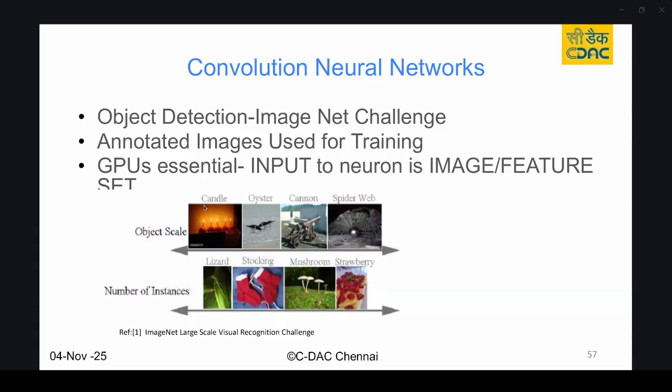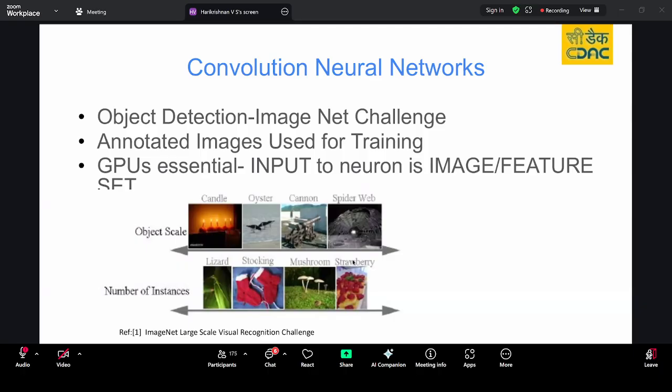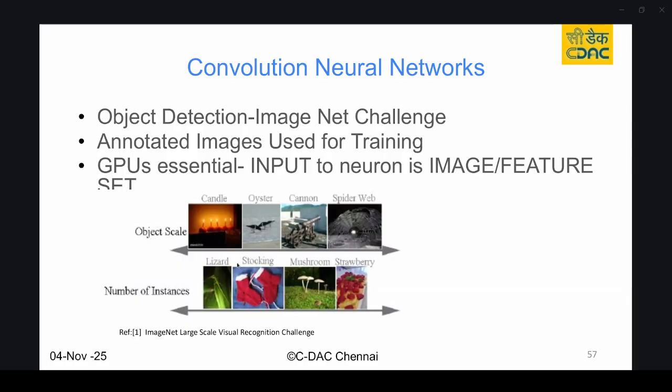All those images were present along with labels. Thousands of such objects like candle, oyster, lizard, stocking, mushroom, strawberry, etc. were labeled in the images. AlexNet, which was designed by Alex in Google, used this image data set to improve the accuracy by up to 15%. And it took 2 weeks for him to do the neural network training process.